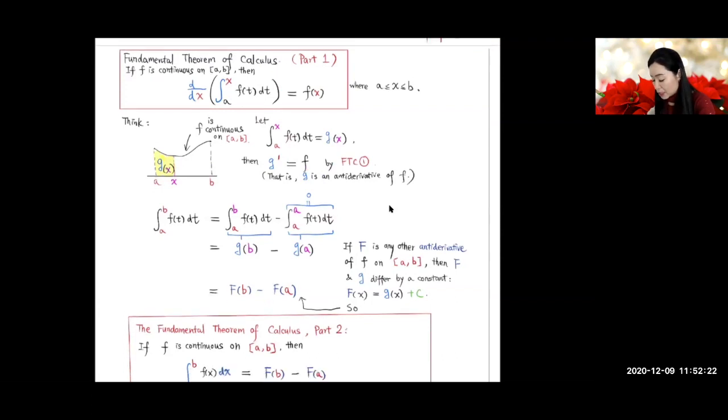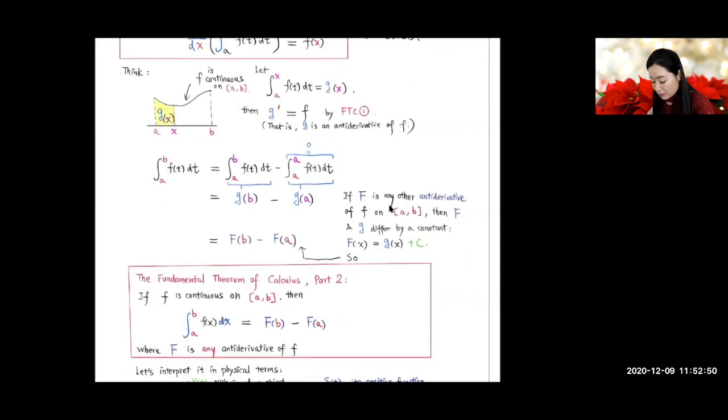Which means that g here is an antiderivative of this function f. f is the derivative of g, and g is an antiderivative of f. It's like father and son, this is the reverse relation, right? So g is an antiderivative of f right here.